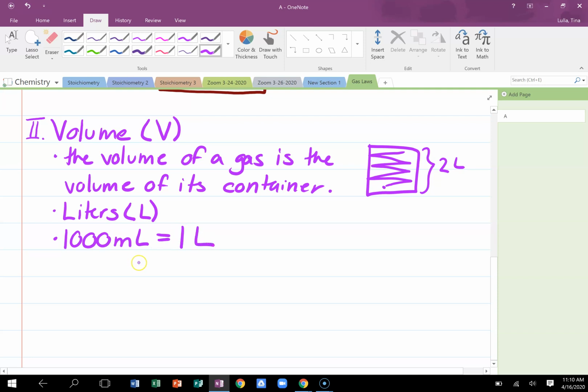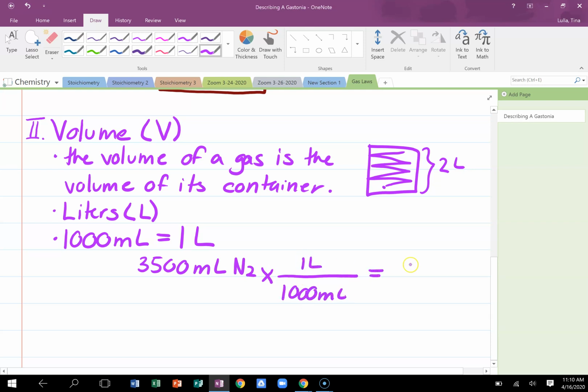So for example, if I had 3,500 milliliters of nitrogen gas, I could quickly convert that to 3.5 liters. And then my V would equal 3.5 liters. Milliliters cancels with milliliters.